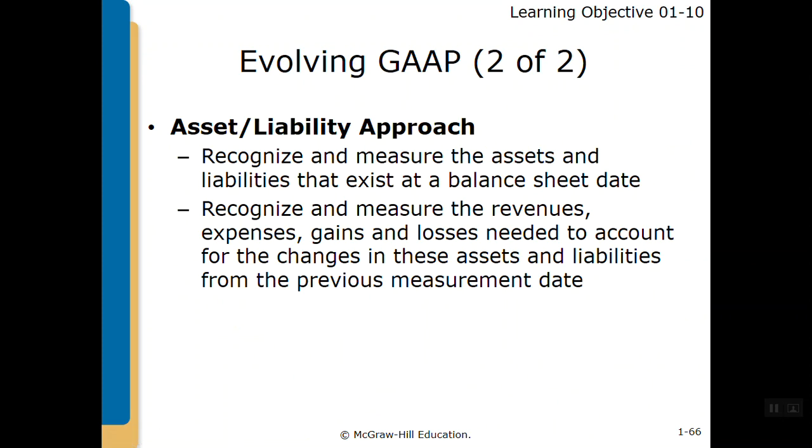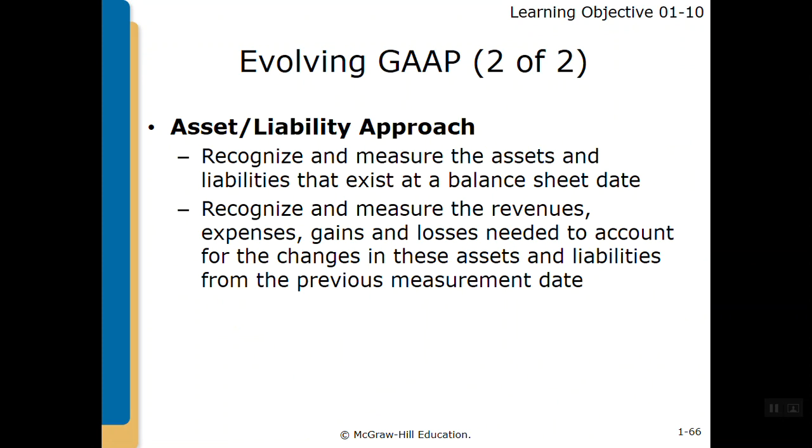The asset liability approach recognizes and measures assets and liabilities that exist at the balance sheet date, and then recognizes and measures revenues, expenses, gains, and losses needed to account for the change in the assets and liabilities. So the focus is on the asset and liability, and then the trickle down from that is recognizing revenues, expenses, gains, and losses over on the income statement.